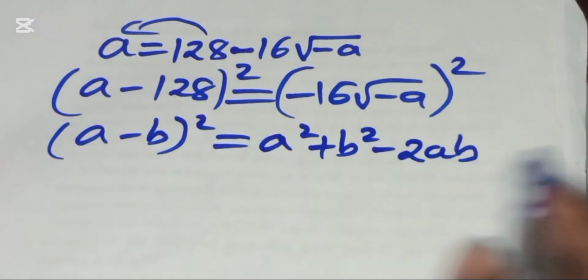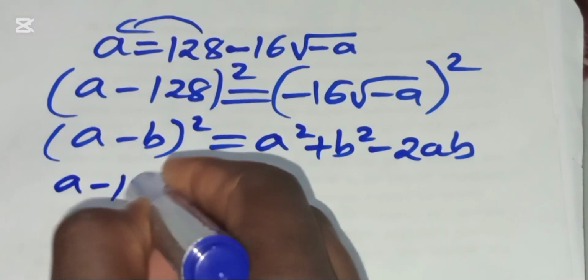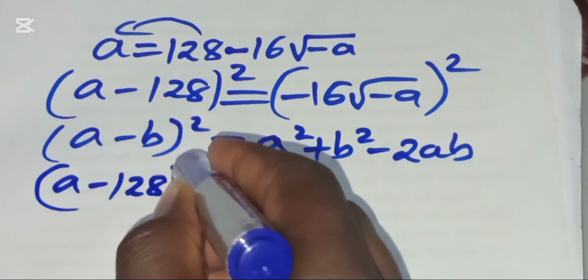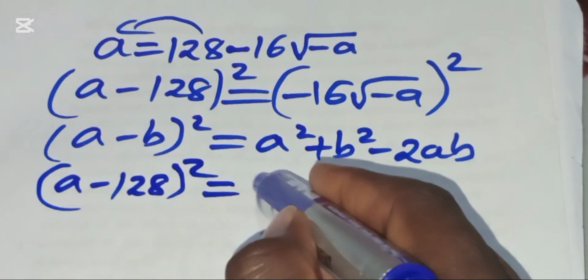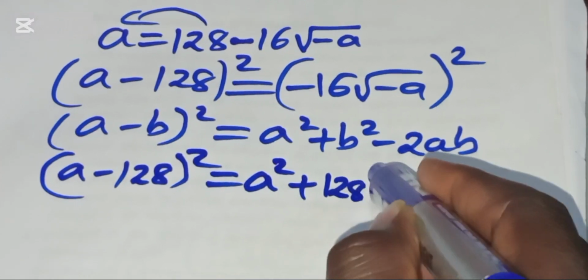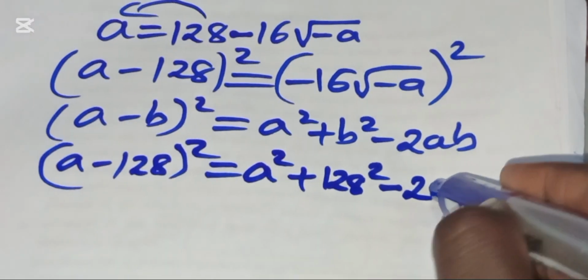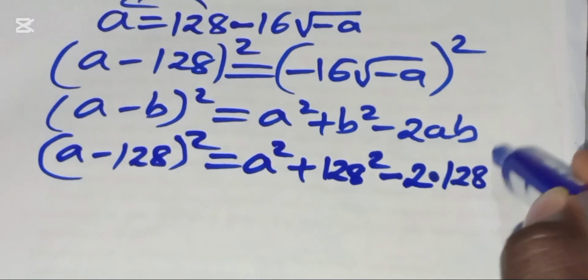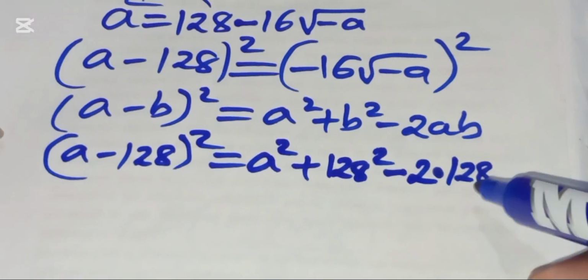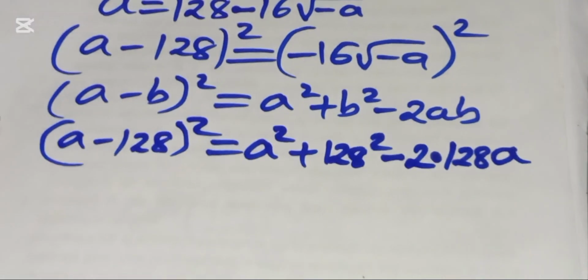So applying this property, a minus 128 squared becomes a squared plus 128 squared minus 2 multiplied by 128 multiplied by a.